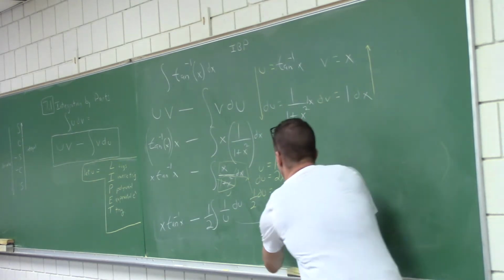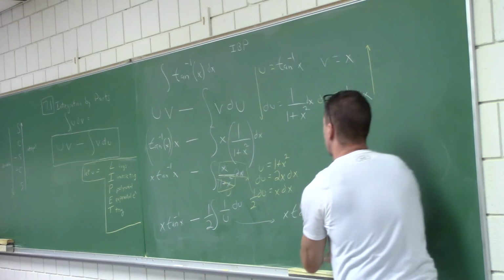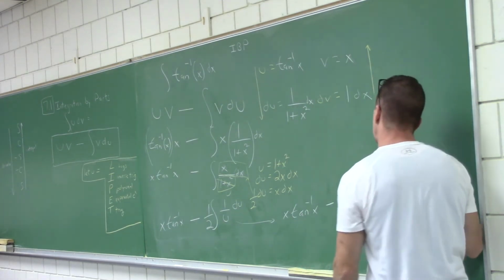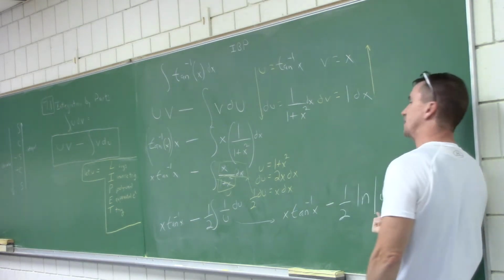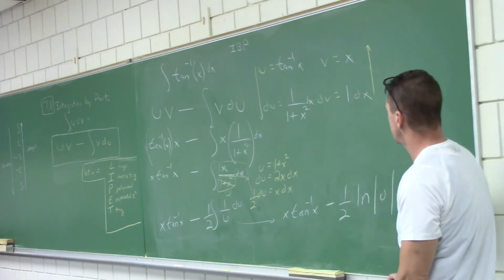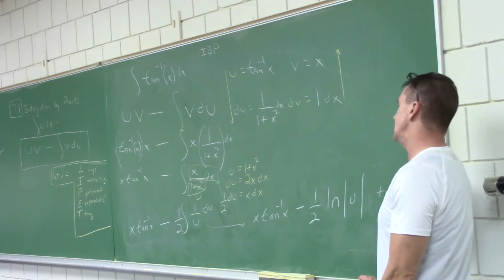So what's this final answer? X inverse tan x minus 1/2, and the integral of 1 over u is natural log of u. This is where we put the absolute value bars. But don't leave the answer like this, because we did do a u sub. We're doing an indefinite integral.